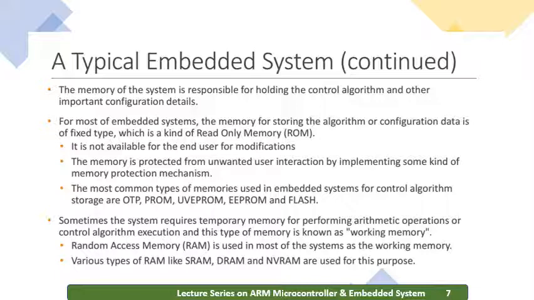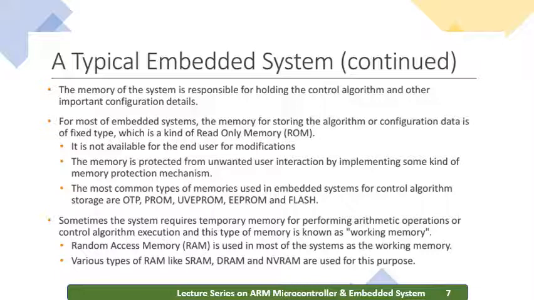And we have different types of memories which we will be studying in the next slides, which deal with one-time programmable memory, programmable read-only memory, UV erasable programmable memory, electrically erasable programmable memory, flash memory, and so on. For the normal working memory, we use SRAM and DRAM.